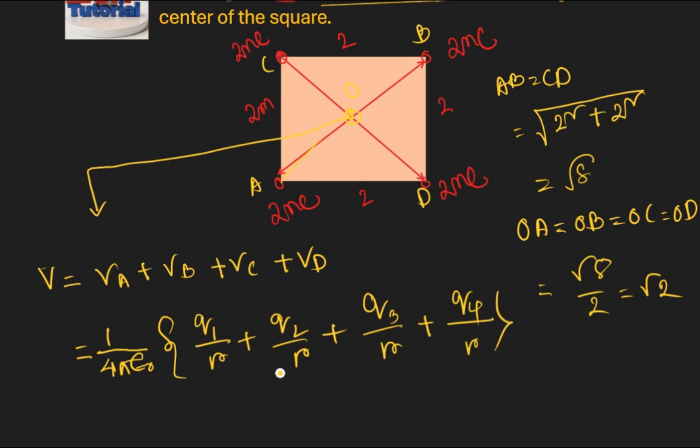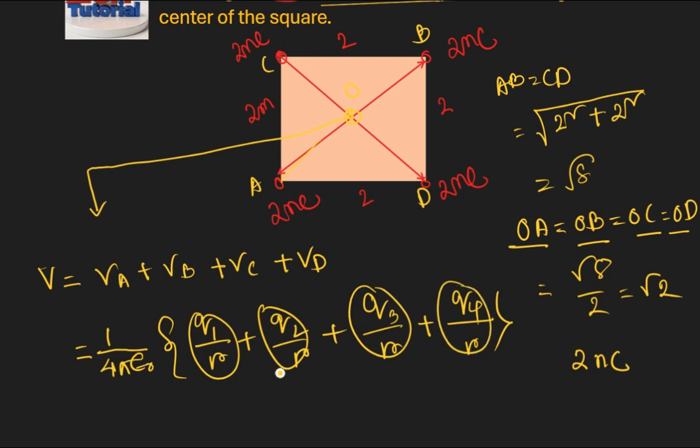Why are all the distances similar? Because at the center, from the corner it is OA, OB, OC, OD, all are the same. That's why this is R. So the R is also common, and the value of Q1, Q2, Q3, Q4 all is 2 nanocoulomb. So there are actually four terms, 1, 2, 3, 4. All of these are equal.